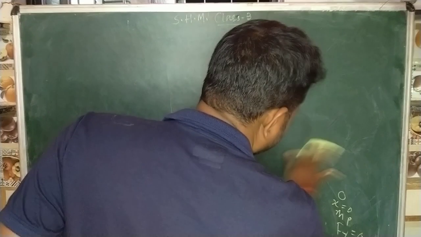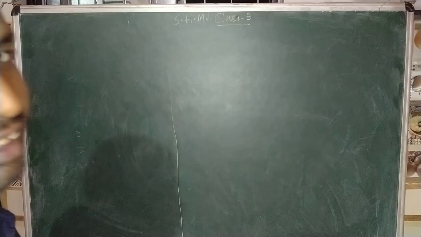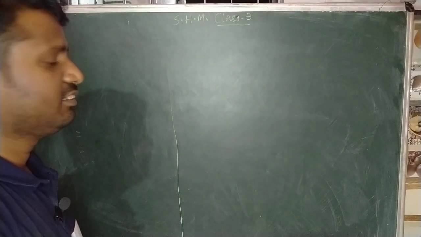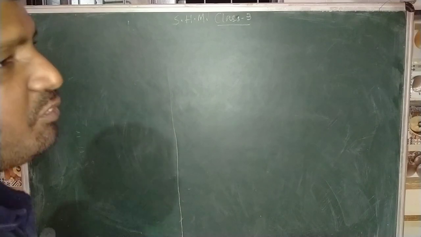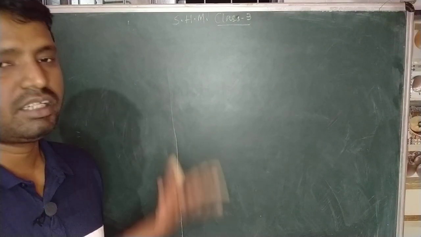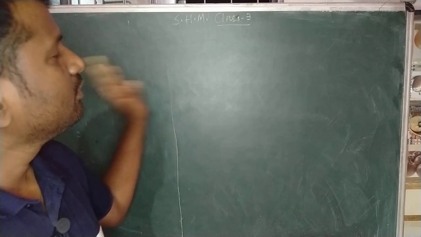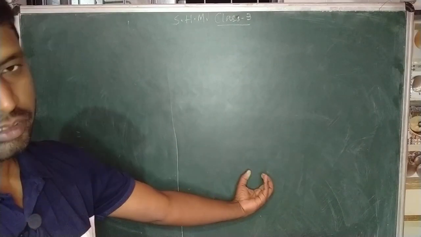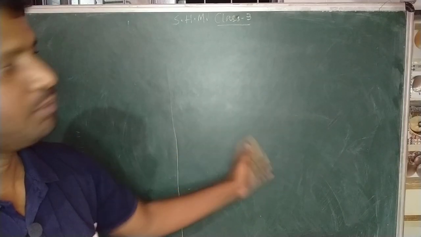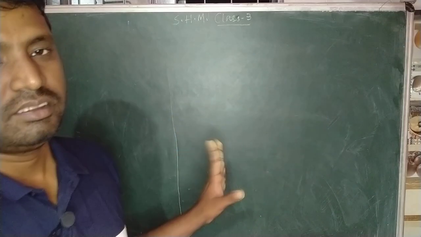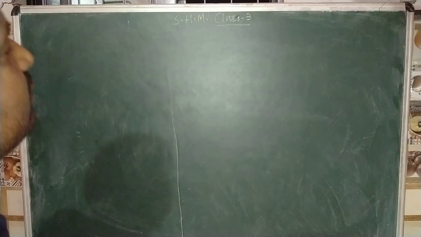Now come to our mechanical energy of the oscillator. As you know, you may take the example of a spring mass system or a thread ball system, a simple pendulum system. These are all mechanical systems.